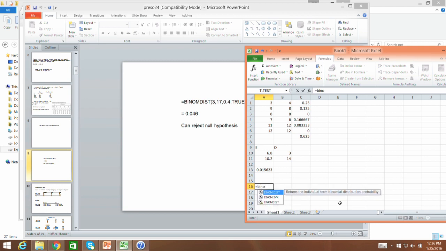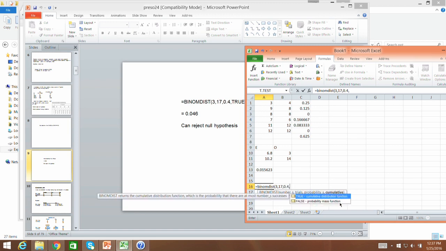So binom, 3 of them die, that is 3 observed out of the total data of 17, p is 0.4. Then we say either true or false.